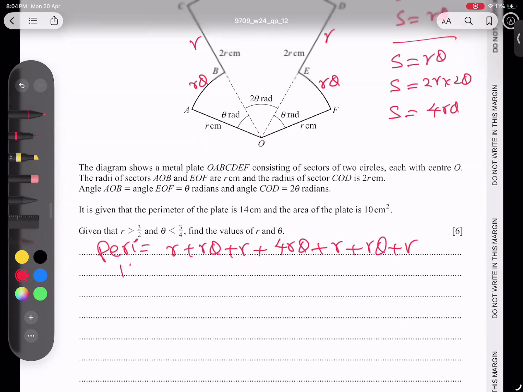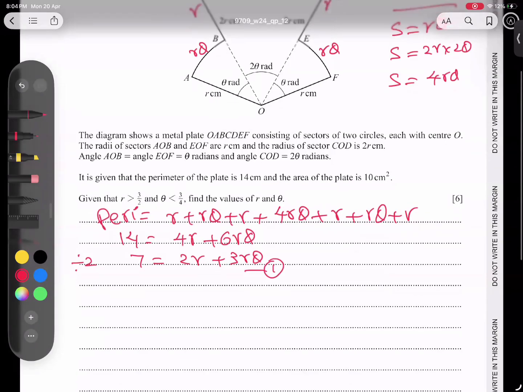So I get 4 r's, and 2 plus 4 is 6, so 6 r theta. Let me check once again: 4 r's and 6 r theta. Dividing by 2 is not compulsory. I'm leaving this part here and I will make a subject from it later.